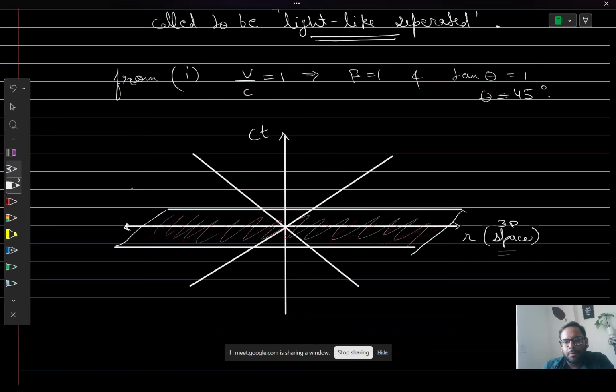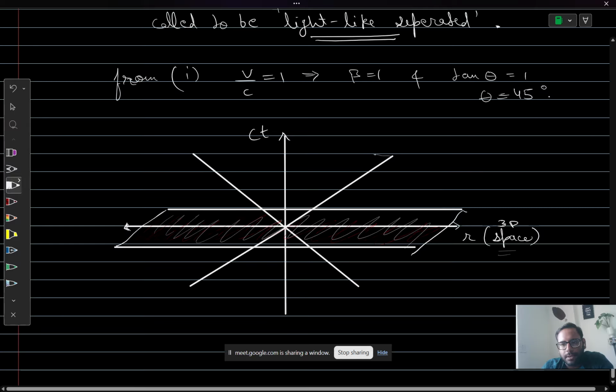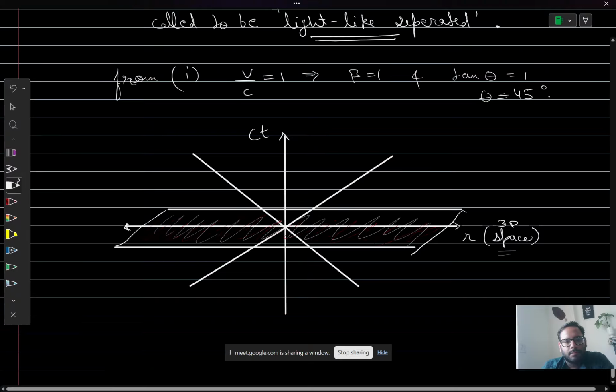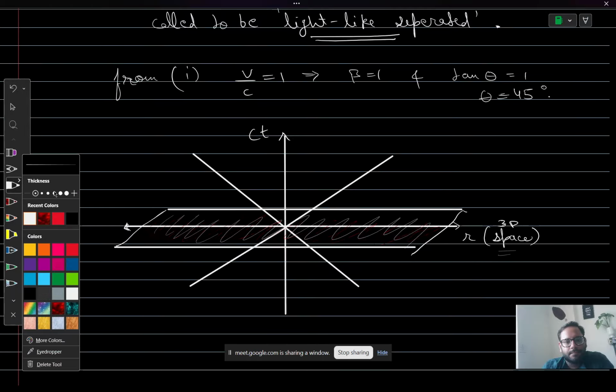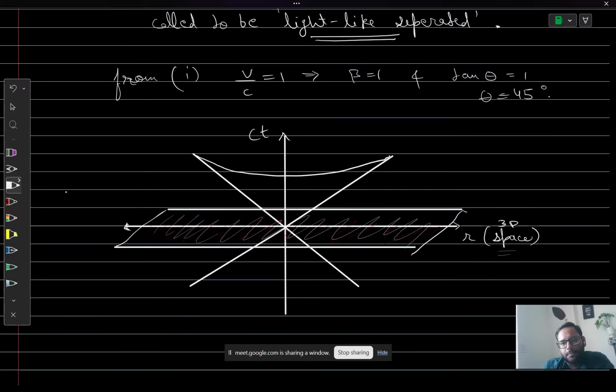If you are considering all three dimensions in the surface, then the photon trajectory will look like a cone. It will appear like a cone. And this is called the light cone.